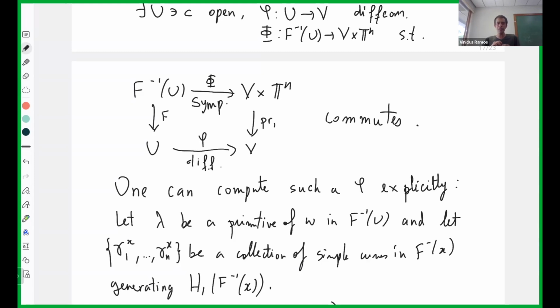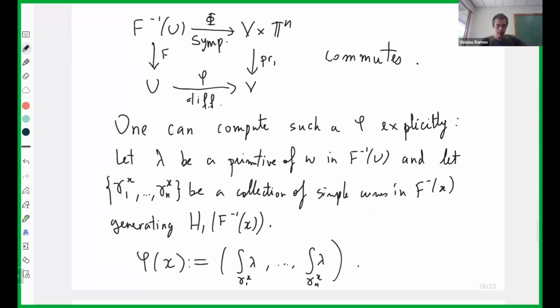And of course, these vary depending on the point x on the base. We want these simple curves to vary smoothly on x, so we can always do that. And then what we do is we integrate the primitive along all of these gamma_i(x)'s.